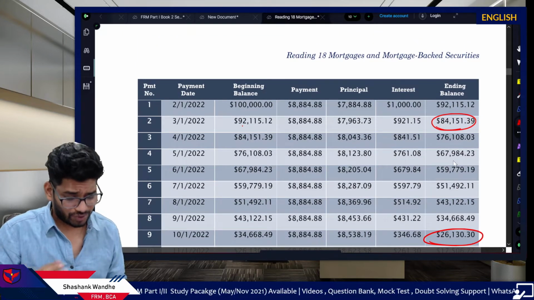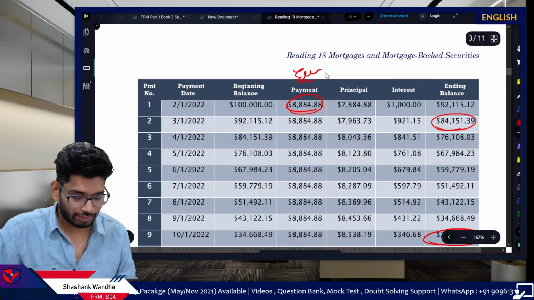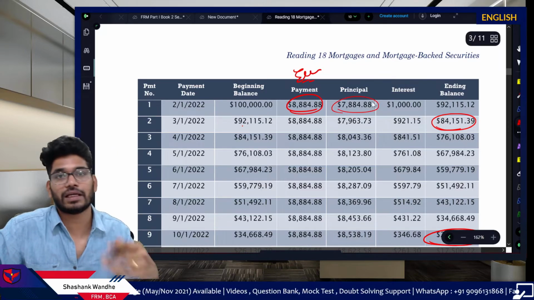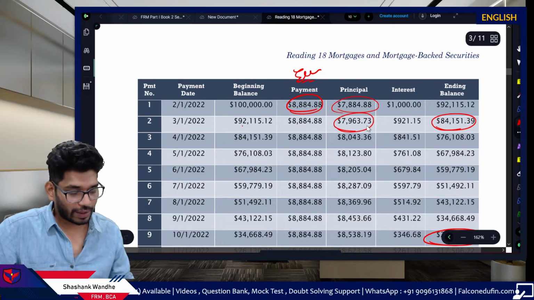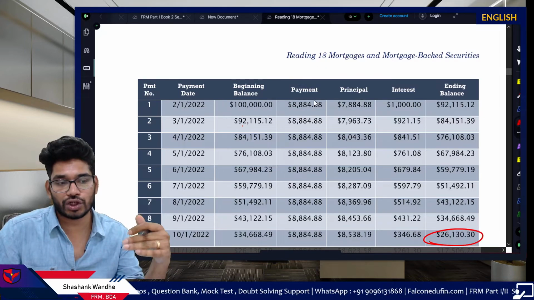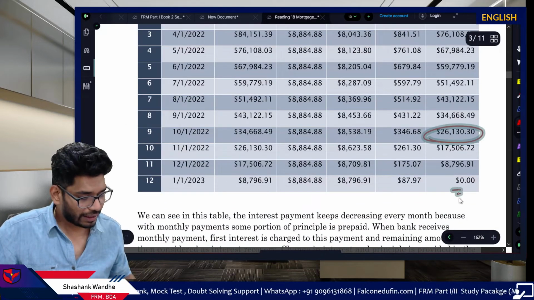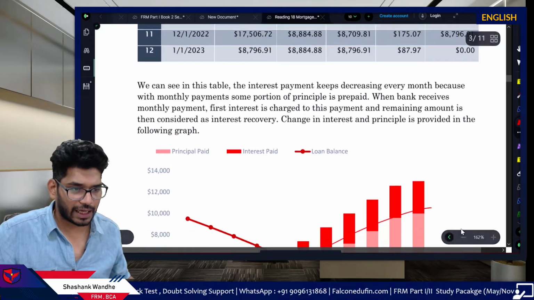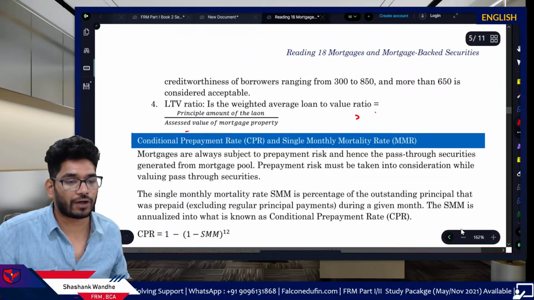GAAP might ask you what is the EMI or monthly payment, or what will be the principal payment in the first month or the second month. So you need to understand how to calculate or work with the loan amortization table. You should be good with this. It is possible, generally not the style of GAAP, but GAAP might ask you this question, so be prepared for it.